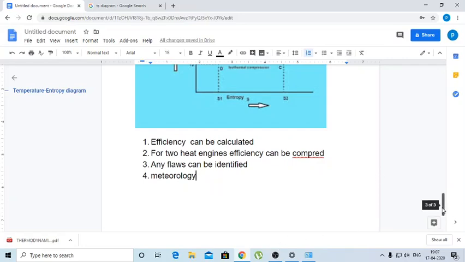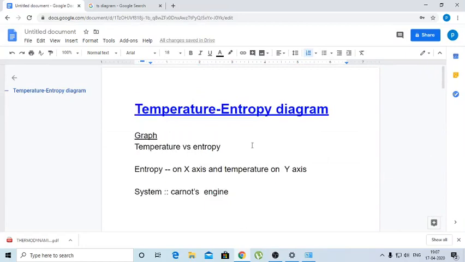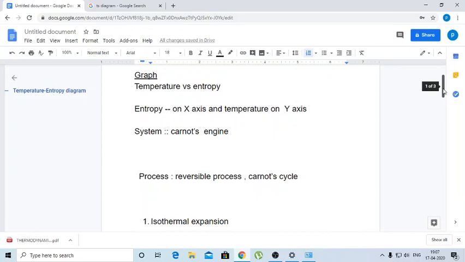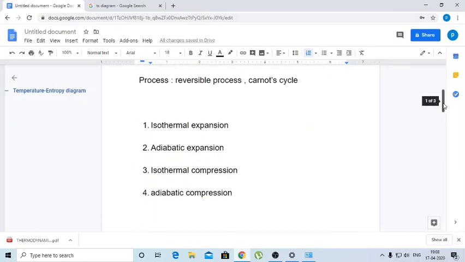Finally, once again, a glance at this topic, the temperature entropy diagram. It's a graph between temperature and entropy of a thermodynamic system. When a thermodynamic system goes through a thermodynamic process like expansion and compression, entropy of the system changes.